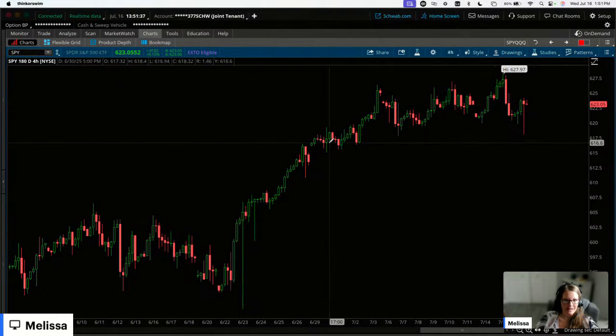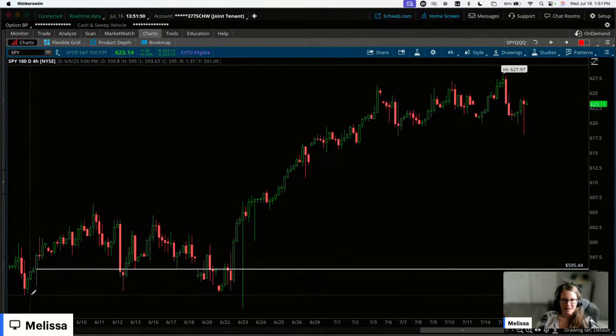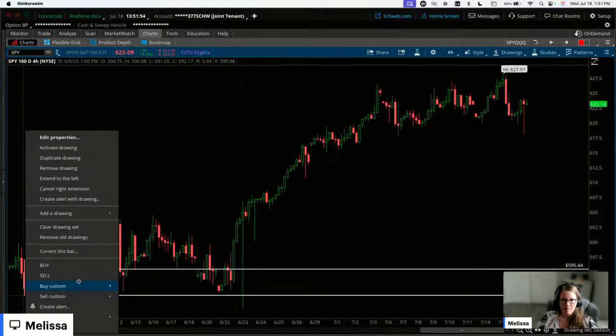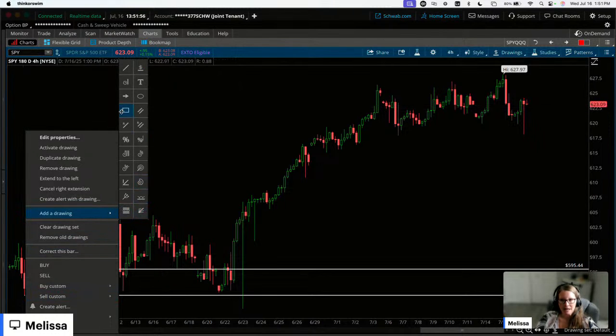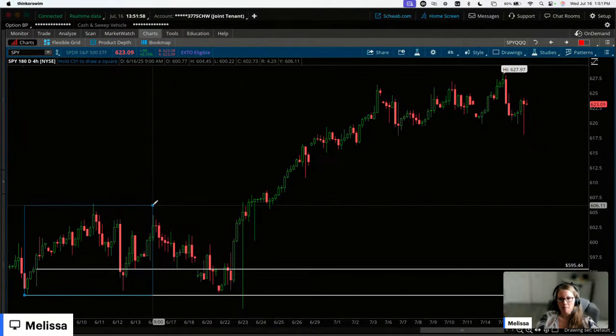I need to look down and to the left looking for this imbalance candle. Then I look over to the left to find my inside and up candle formation, which is going to give me my buy zone from this imbalance candle.